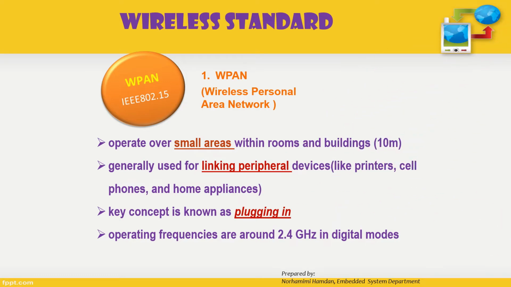Okay, the main difference between each group of wireless standard is in terms of the communication range. So let's start with the very small communication range of wireless standard, which is wireless personal area network, WPAN, IEEE 802.15.